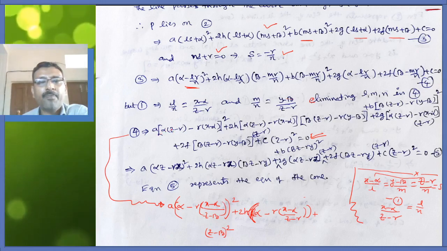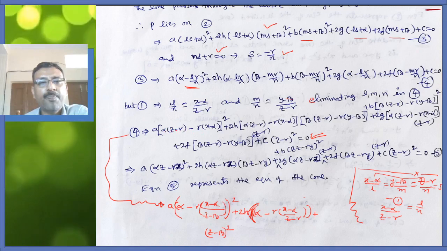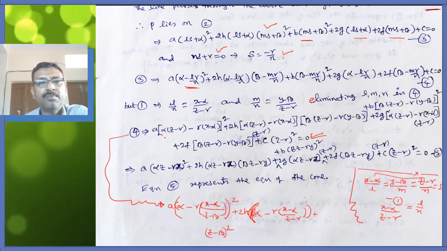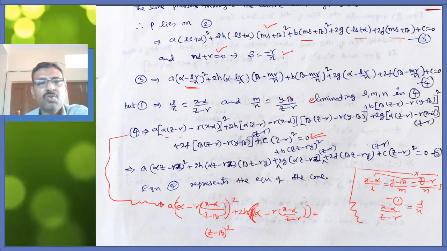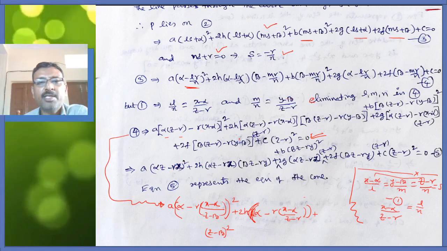After this, some terms will be cancelled. For example, alpha gamma minus alpha gamma, here is plus alpha gamma, that is cancelled. The remaining terms are alpha z minus gamma x whole square plus 2h.